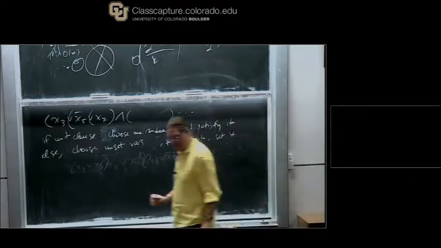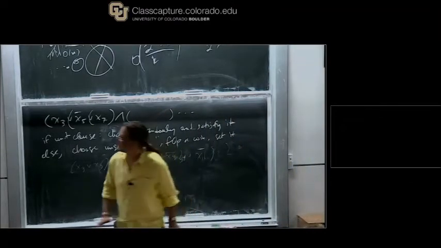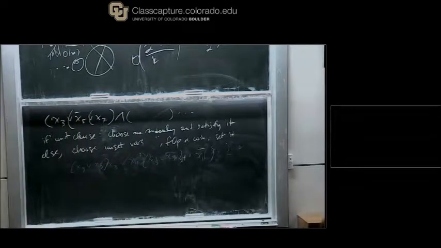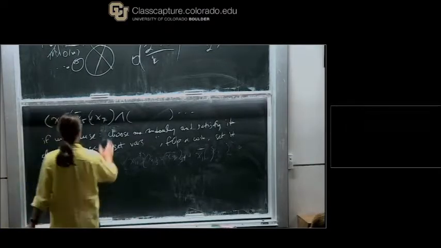So let's begin the third lecture. I'm going to begin the third lecture with an announcement. Where will I write the announcement? I want the announcement to persist for the remainder of my lecture.